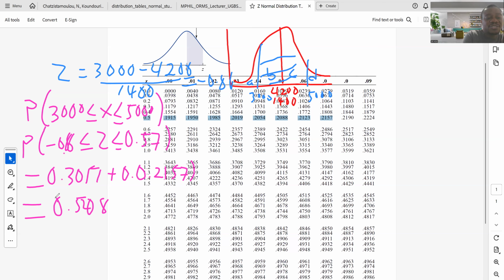So that is how you get it. The chance that demand for carpet will be between 3,000 and 5,000 is approximately 52%. The chances are a little over 50%.